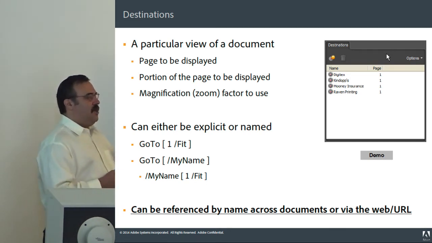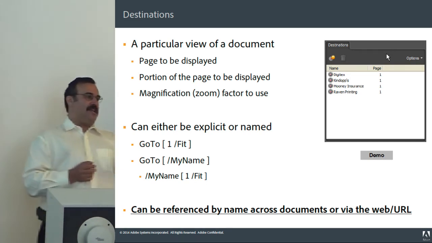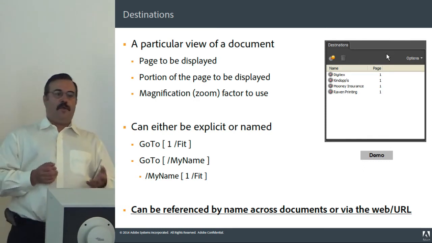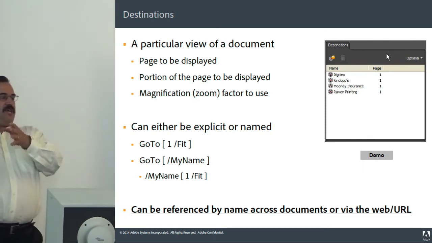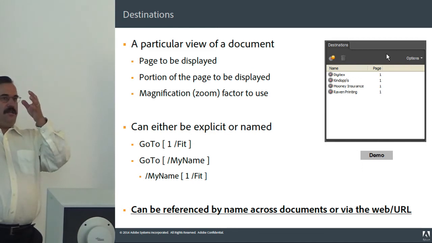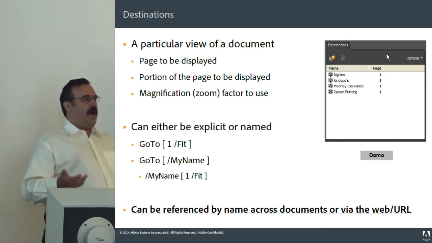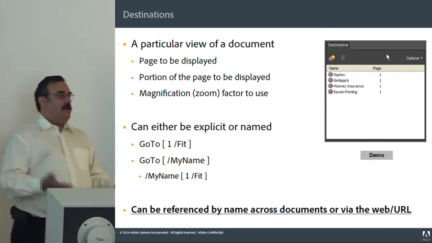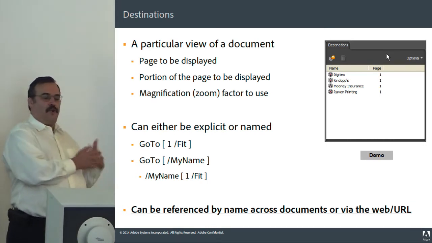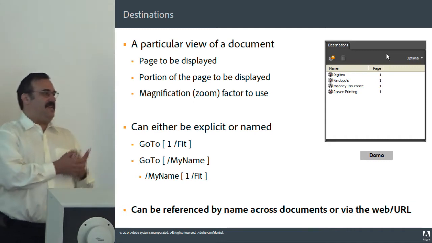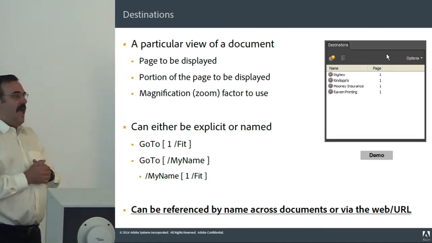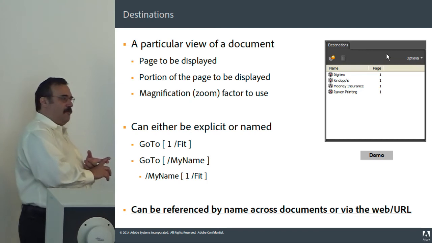Instead, I want to say, go to the ad for Fred's Garage, okay? Or go to the section on optional content, right? We want to refer to them by name. We do this all the time in the web using anchors. The equivalent of anchors in PDF are called destinations, and specifically named destinations. And these work within a single PDF.